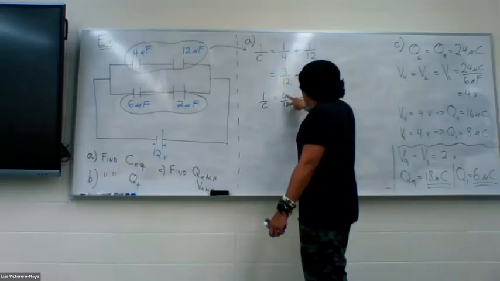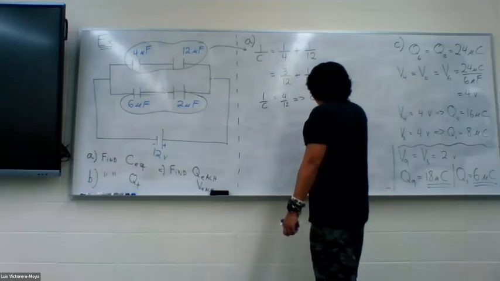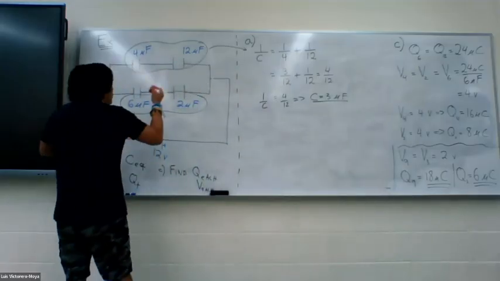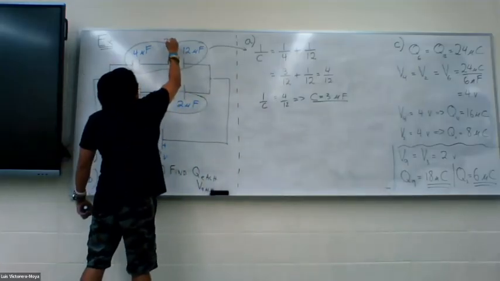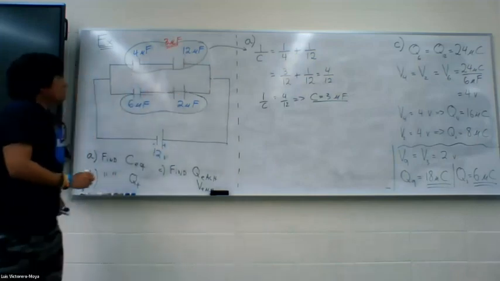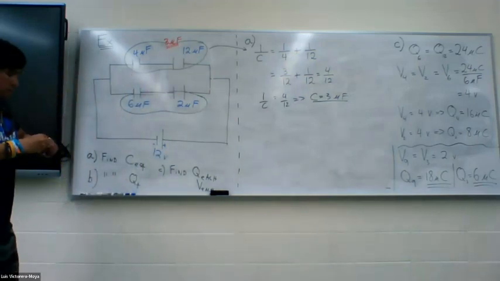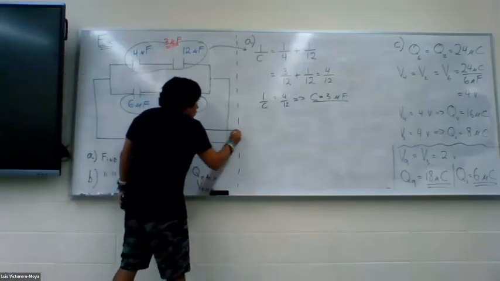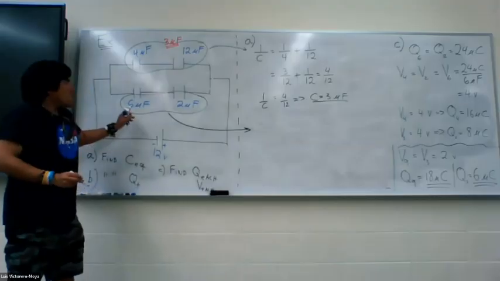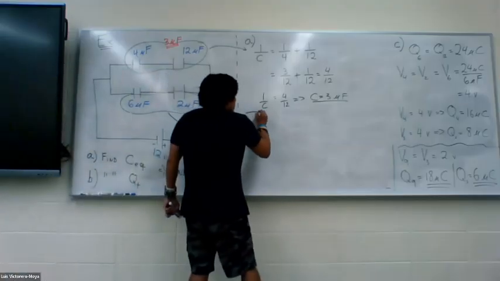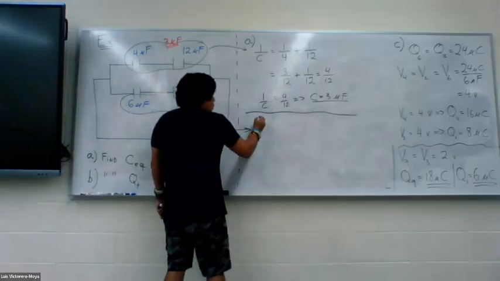Therefore, C is equal to 3 microfarads. That's the combination of this. So let's write it here. That's the combination. All right. Now I'm going to do these two. 6 and 2. Let's call it 1.